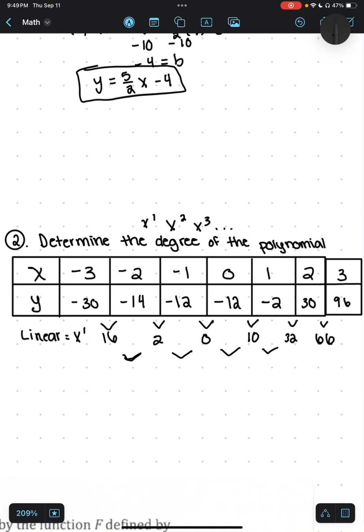So from these, we get negative 14, negative 2, 10, 22, and 34. Again, we did not find it, and this would have given us a quadratic, which is x to the second power.